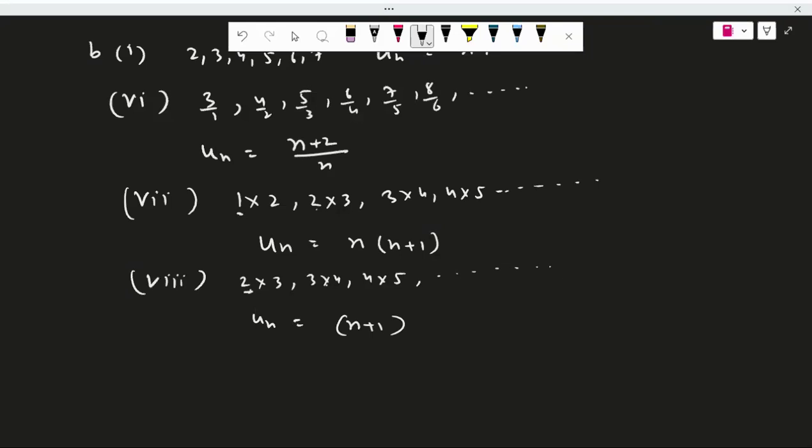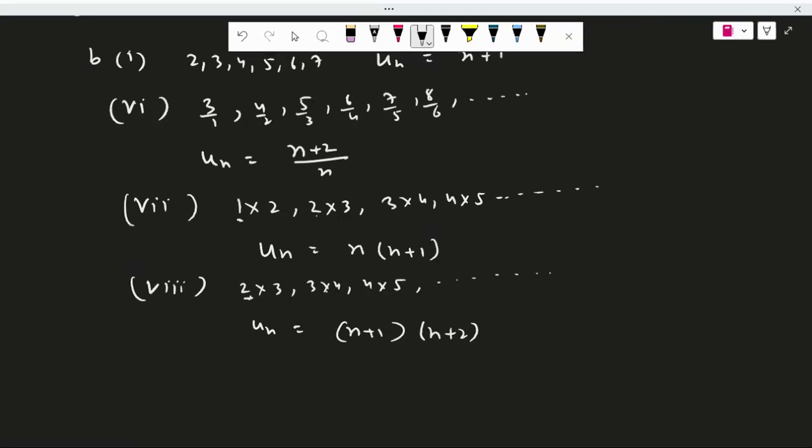Those are consecutive numbers, but it is starting from 3. So we will take n plus 2. So the nth term will be n plus 1 times n plus 2. Do you understand?